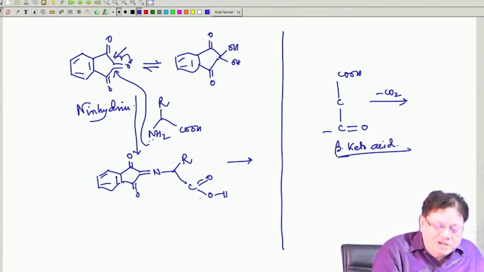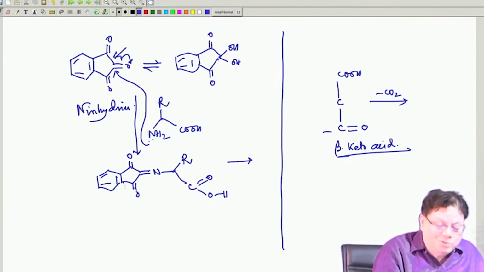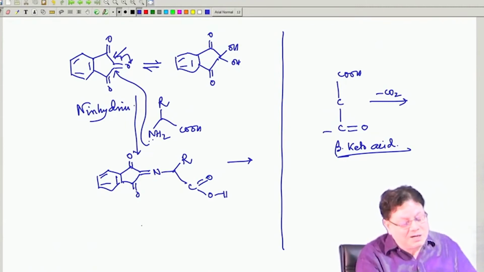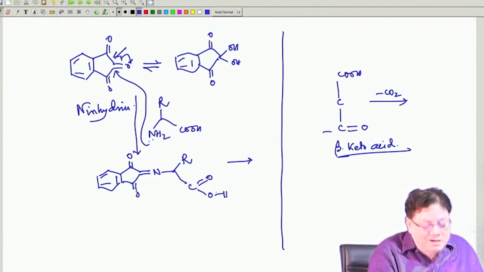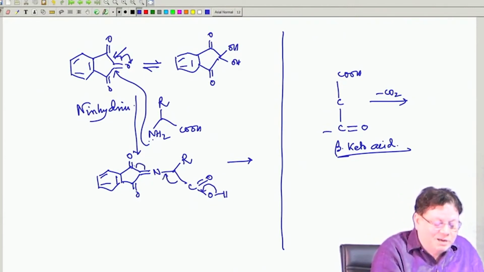Now, if you look at the structure, it is very similar. This is carboxy, then a carbon, then nitrogen, then a double bond, then another electron withdrawing group. So, this is even more facile. The structure is such that it will facilitate the release of carbon dioxide, like the arrow that I am showing.